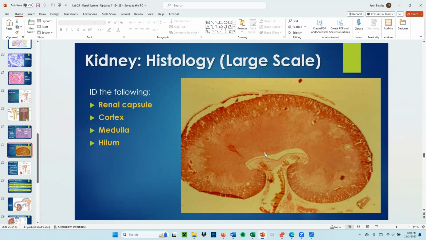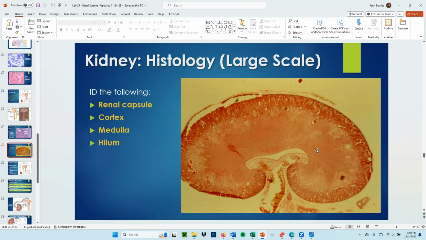And then we have the inner medulla, which is pretty thick. On our plaque, we can see the renal pyramids or the medullary pyramids that would be all along the medulla here. And then lastly, we have that theoretical opening called the hilum. This is the entry point for our artery, our vein, as well as the renal pelvis, where it connects to the ureters. So that's the theoretical entry point.